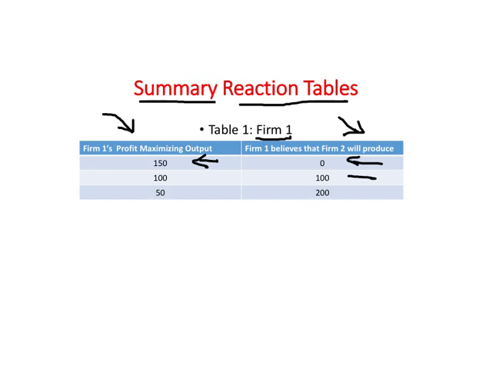When it assumed that firm 2 will produce 100 units of output, the profit maximizing level of output for firm 1 is 100 units. And when firm 1 believed that firm 2 will produce 200 units of output, the best output for firm 1 then is 50 units. So this is the summary reaction table for firm 1.